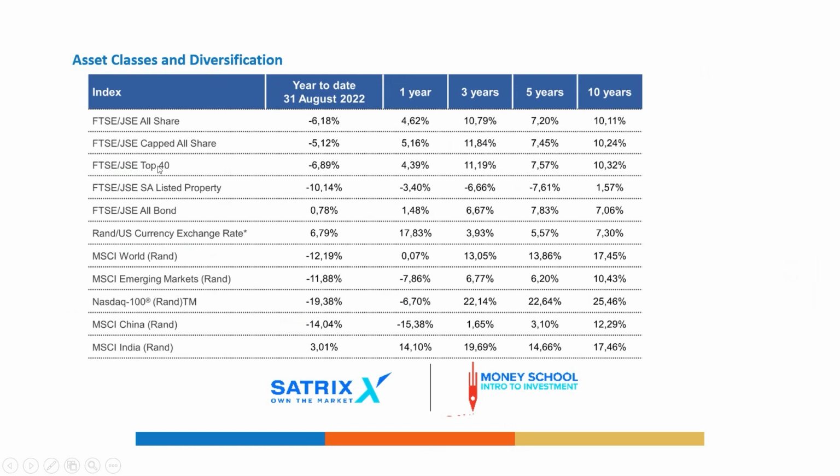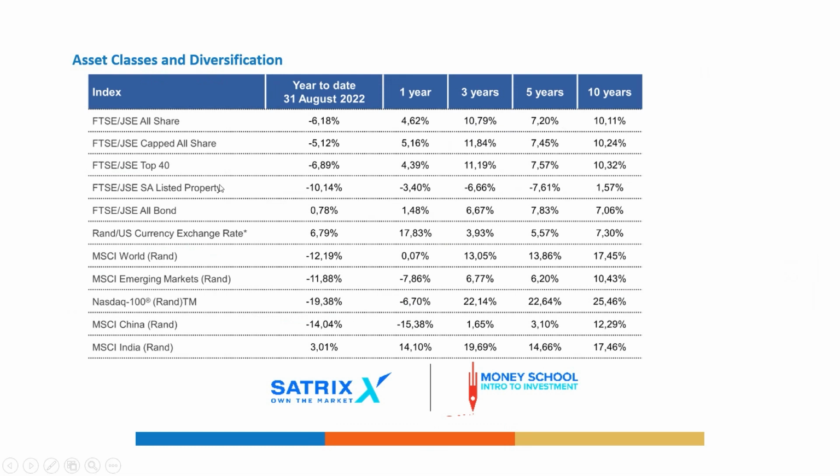So these are indices which are a basket of shares listed on the JSE. And then this will be your listed property, which falls under one of the asset classes that I mentioned, and also the bond market. And then this is going to be your foreign cash, or your currency, or forex.